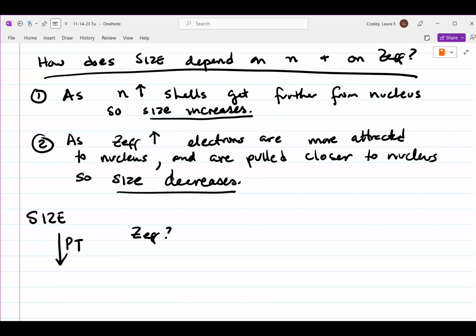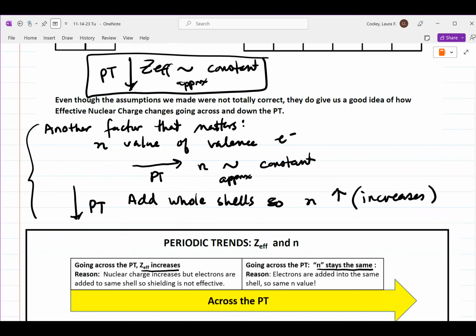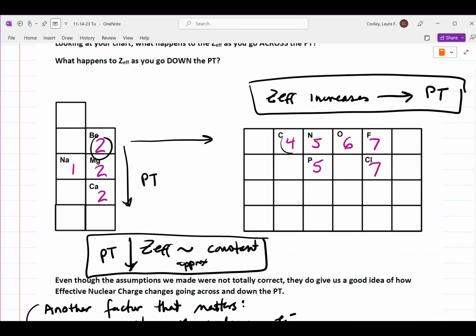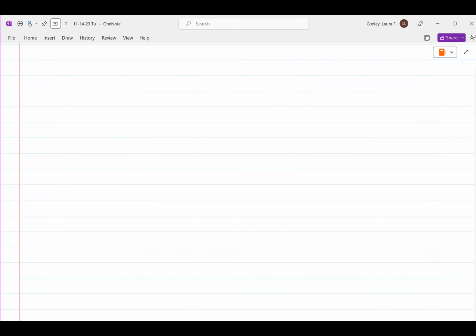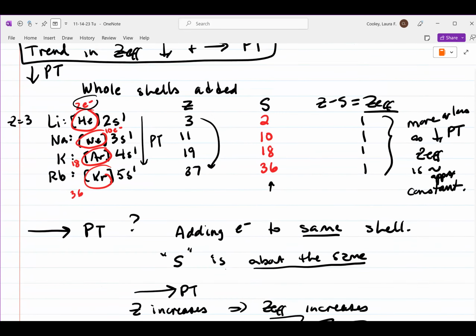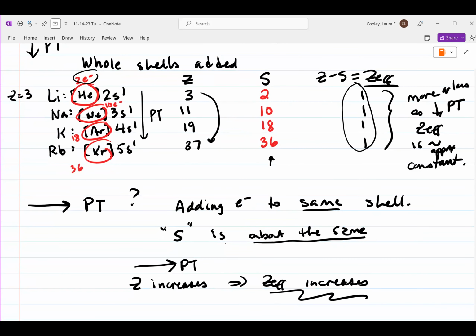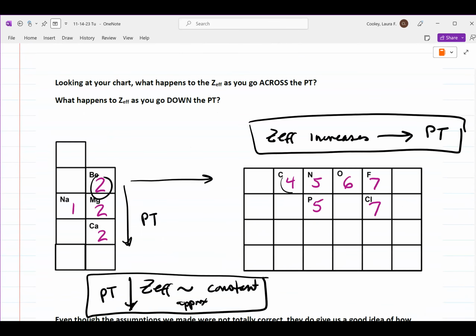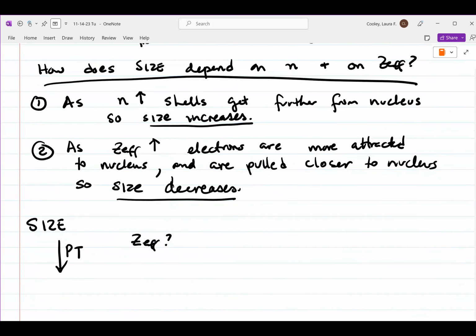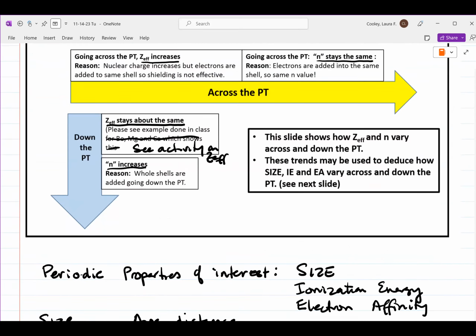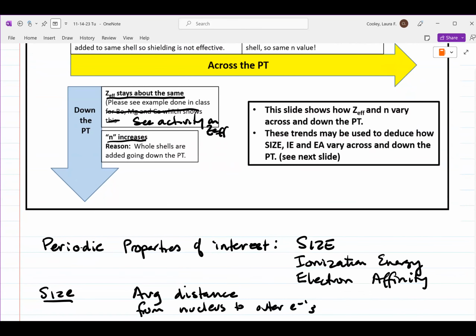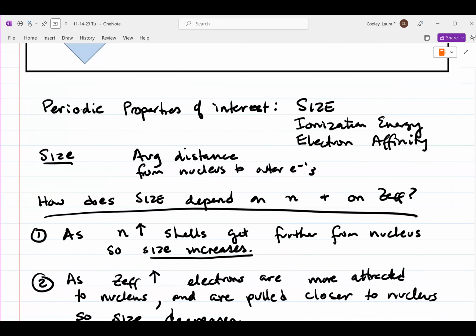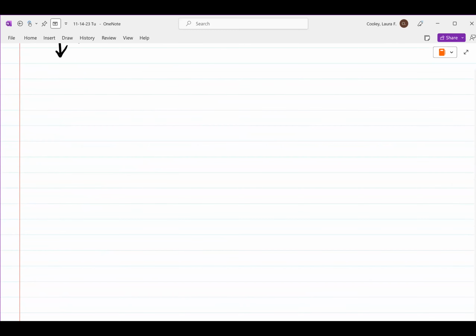Stays the same. Let's go back. I know you said that. Remember back here, we talked about Z effective for the alkali metals. You subtract out those core electrons. So going down, and also on this handout here, as you go down the periodic table, Z effective stays about the same.